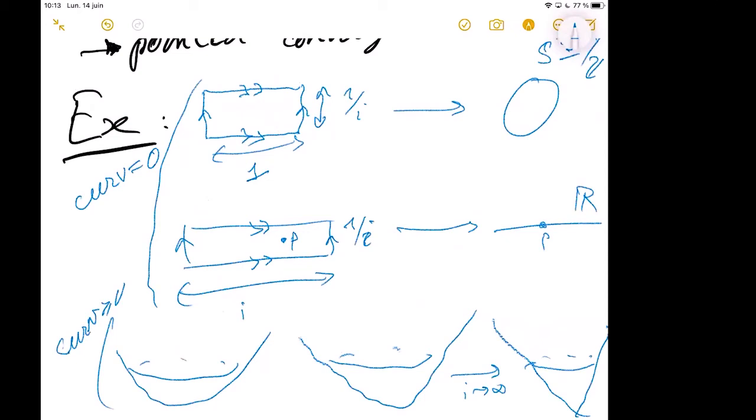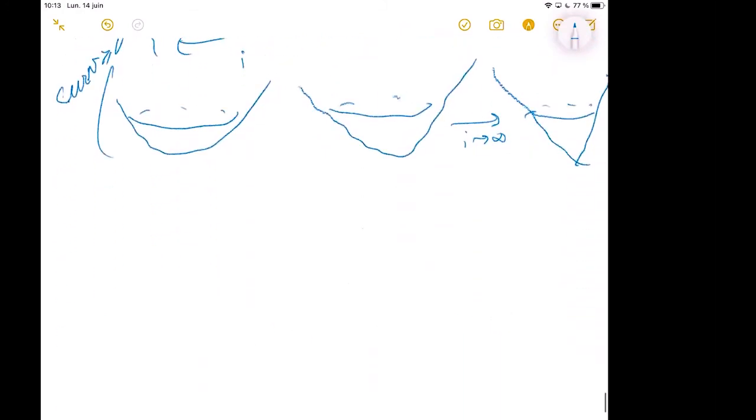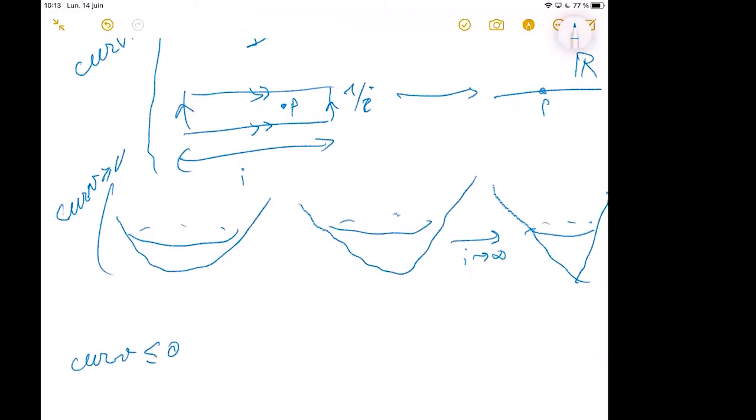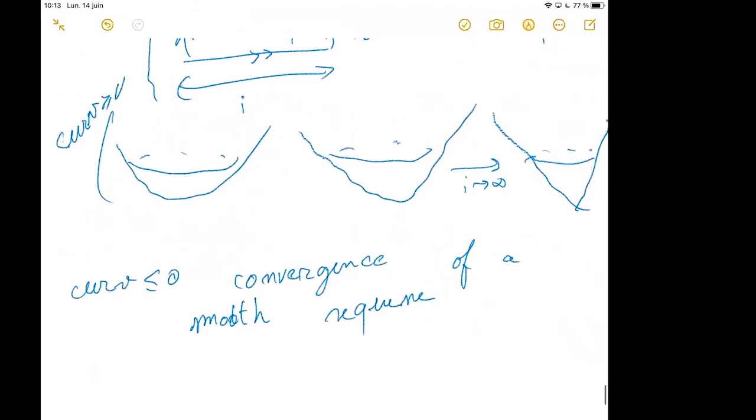And there will be, so it's harder to describe, but you can have convergence of a smooth sequence when the curvature is negative to, let me draw it like that.